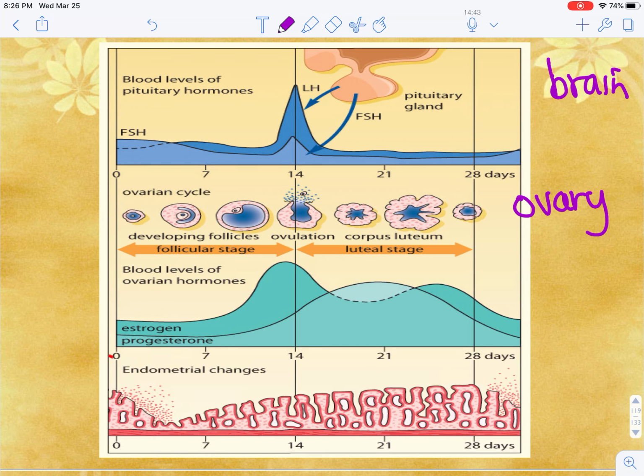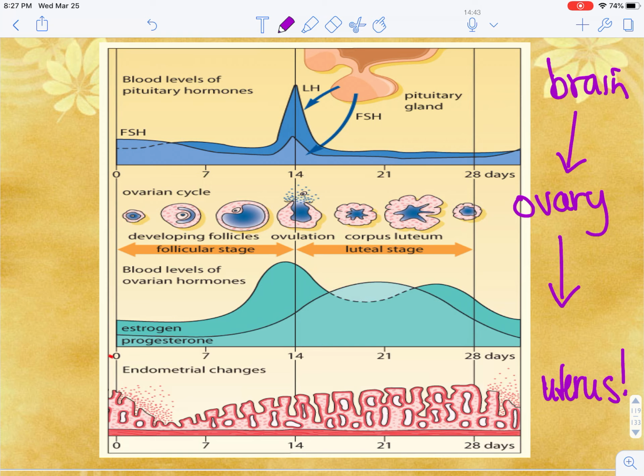And we're looking at how the hormones coming from the brain change the ovary, and how the hormones coming from the ovary affect the uterus. So that's what this whole picture is about, 3 different parts of the female reproductive structures.